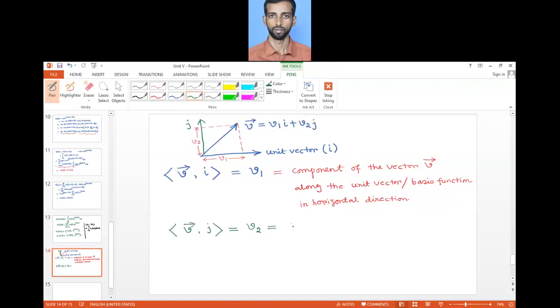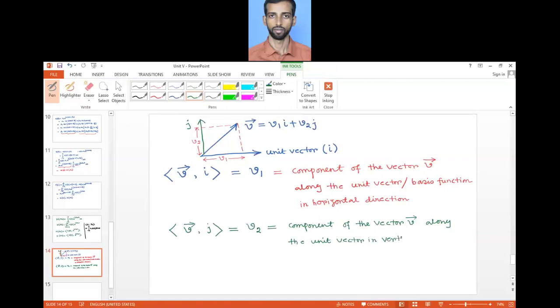This is nothing but the component of the vector v along the unit vector in the vertical direction.